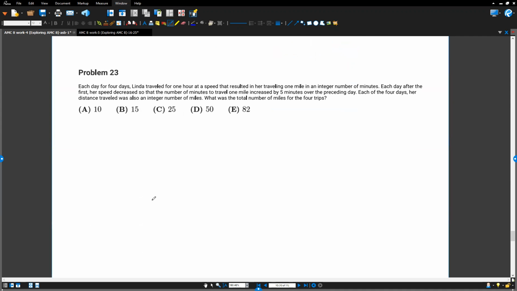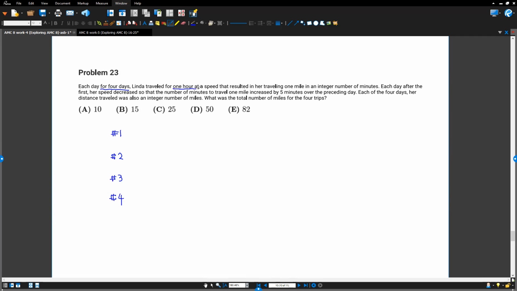All right, take a look at number 23. Each of 4 days, Linda traveled for 1 hour at a speed that results in traveling 1 mile in an integer number of minutes. So: 4 days, the 1st day, 2nd day, 3rd day, 4th day.